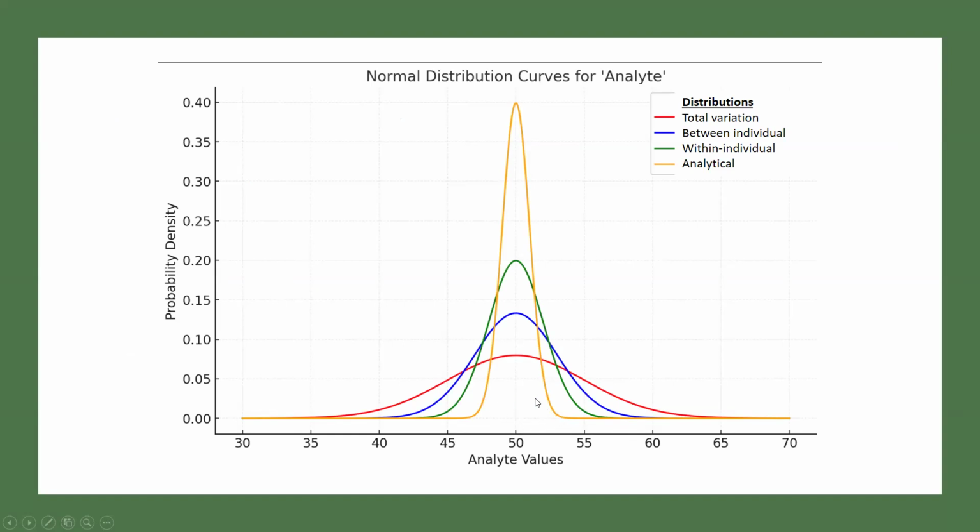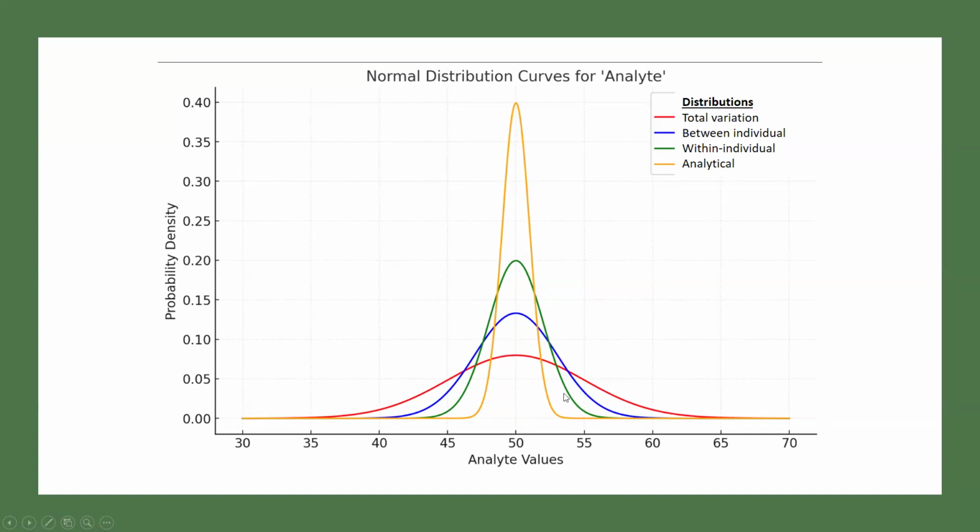But here, this orange distribution is the analytical imprecision for a particular analyte. The green is the within individual variation, the intra-individual variation for a particular analyte. The blue being the between individual, so all the differences in the population between the homeostatic set points for a particular analyte.